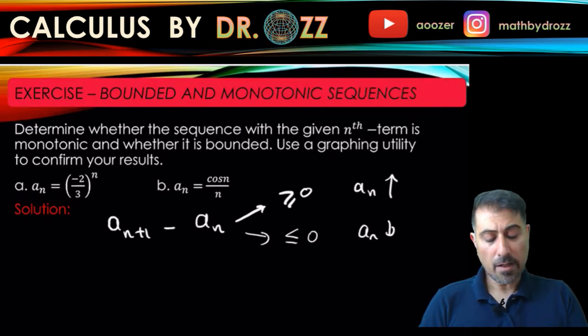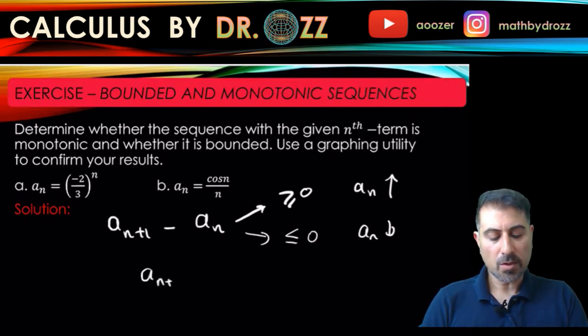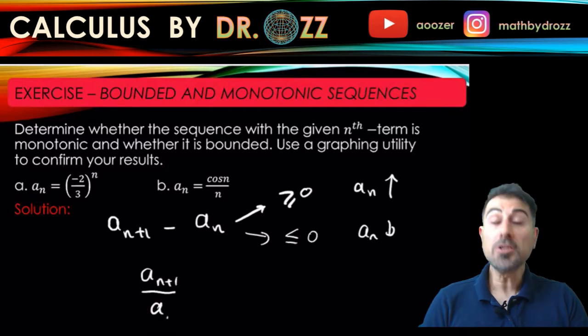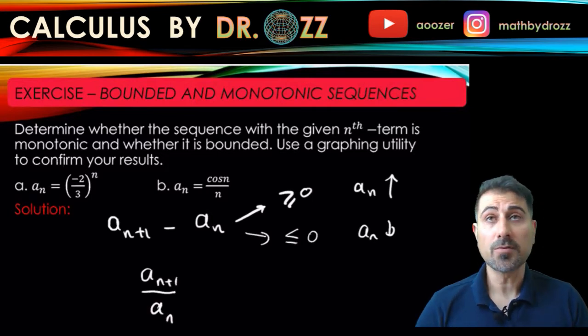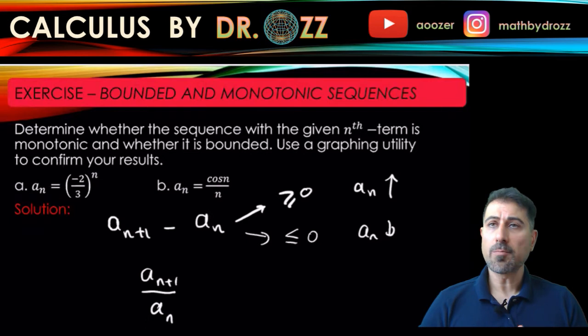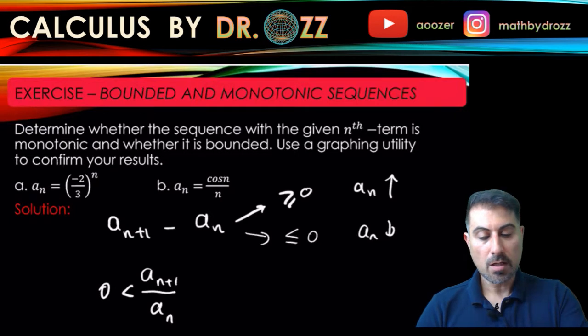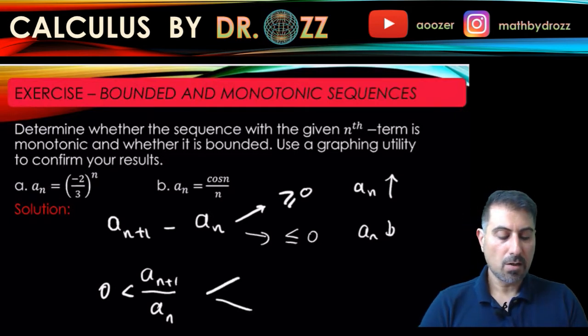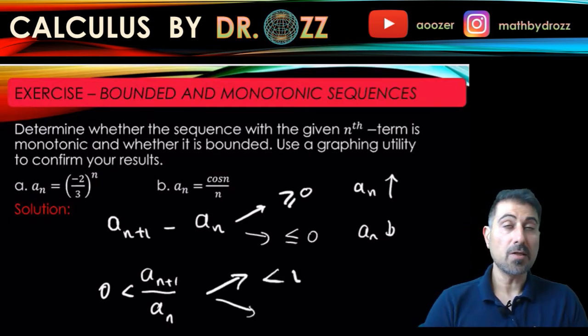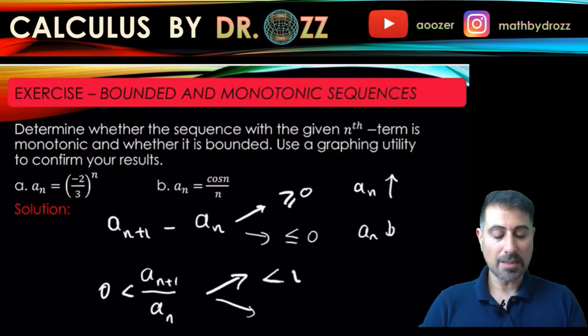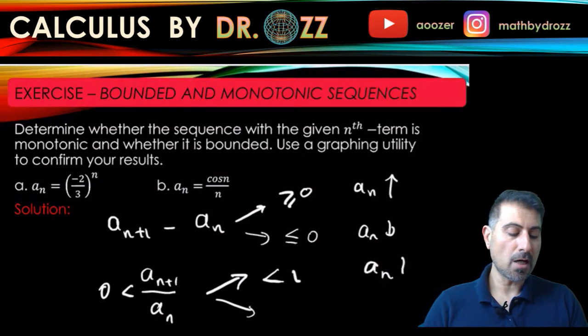Okay, and another way to look at it is just checking the ratio of two consecutive terms of the sequence. So a_(n+1) over a_n. Well, this has to be positive to start with, by the way, if you want to use this behavior. So if this is less than 1, that means the one after is less than the one before, so a_n is non-increasing.